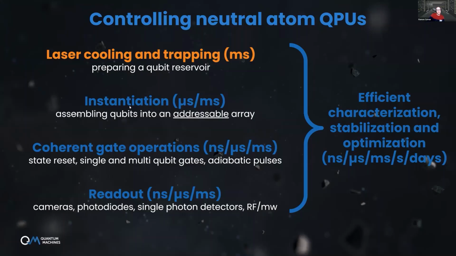And then your control system needs to be able to perform, of course, the reason why we're here, coherent gate operations. And here we're going down to the nanosecond, microsecond, maybe millisecond time scale for very esoteric adiabatic pulses, maybe. But typically gates are on the order of several tens of nanoseconds.